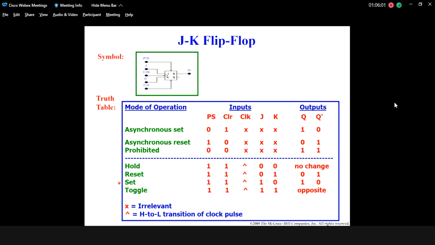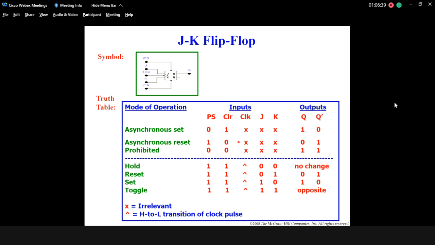So in the JK flip-flop, there is another function, toggle. Toggle just flips the output to the opposite. If the output was previously high, it becomes low, and if previously low, it becomes high. So the JK flip-flop is very useful in terms of the toggling function. And do remember that when either preset or clear has the value 0, J, K and clock are irrelevant.